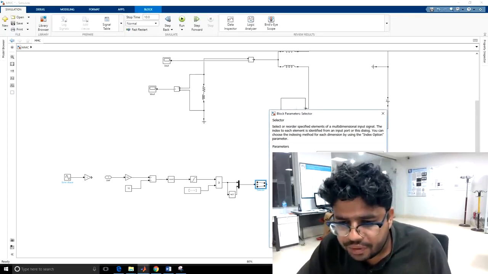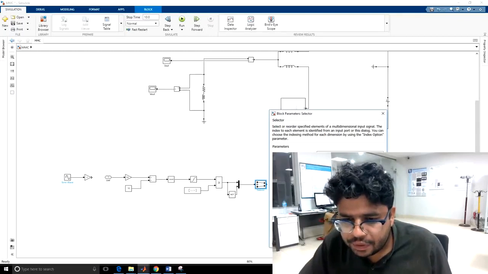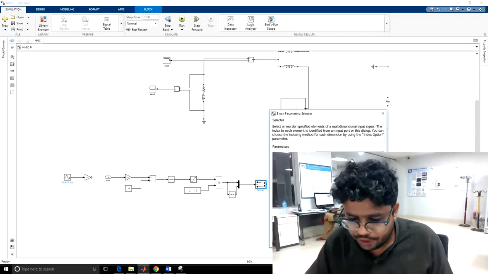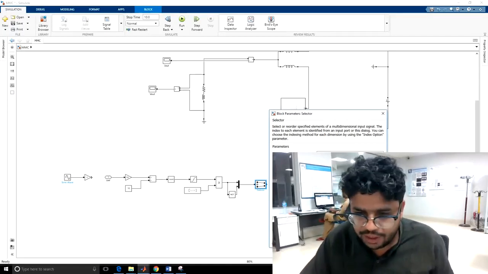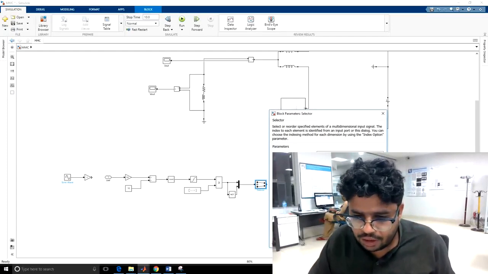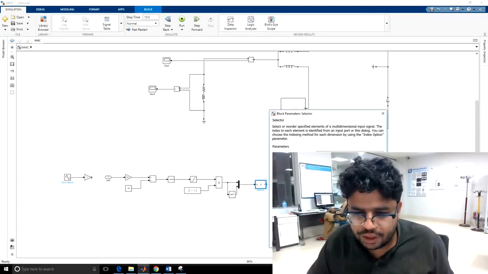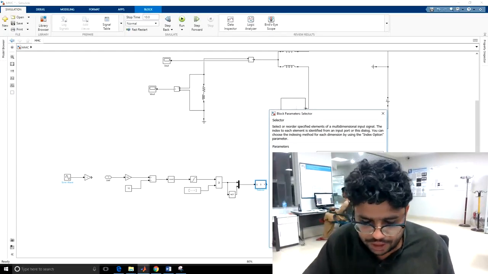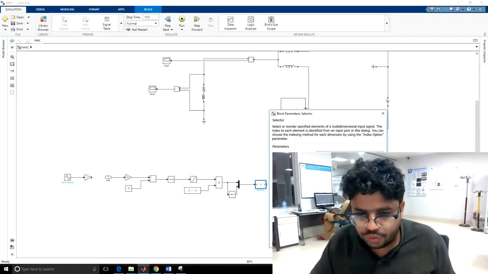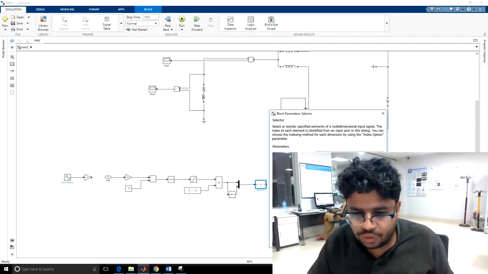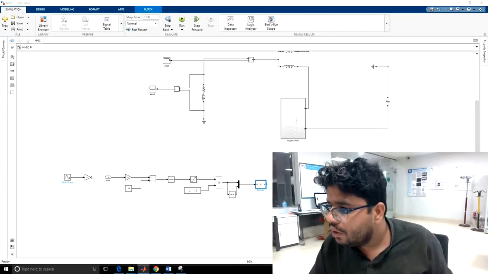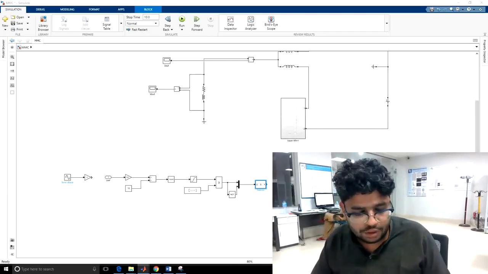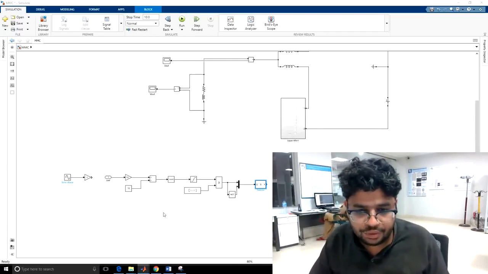Let's check what is the mistake. 1, 11, 2, 12, 3, 13, 4, 14. Okay, here the number of ports should be 2 into 10, I mean 20. Sorry, it should be 10 into 2.